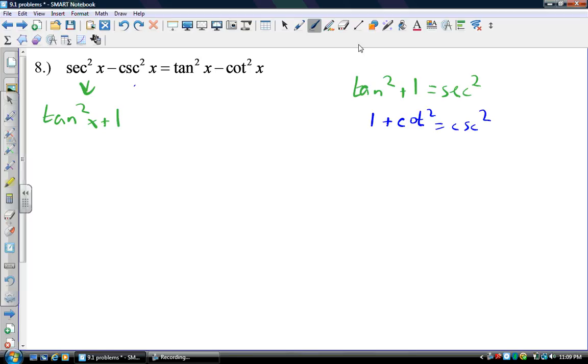The only reason is because, as I showed in class, the way to actually get the blue and the green ones there is if you divide everything by cosine squared, you get this. If you divide everything by sine squared, you get this.